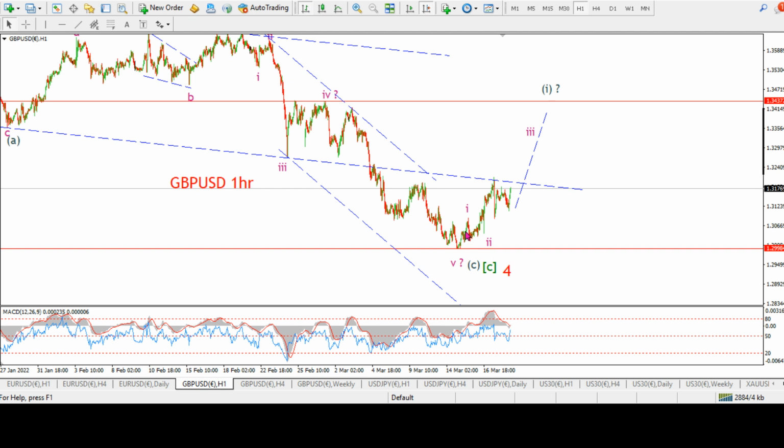You could call this a wave 1, expanded flat or running flat wave 2, and then maybe a 1-2 pattern developing here again. We shall see. If the upside continues, and towards the end of next week we do have 5 waves up in place, then we are pretty much on form for a turn higher into a 5th wave up.